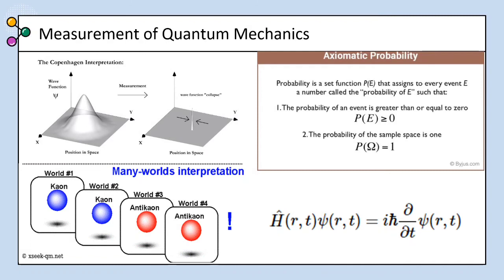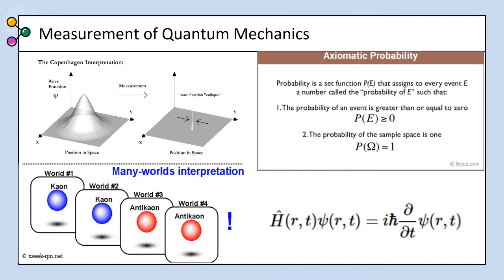It distinguishes between microscopic quantum systems and macroscopic measuring instruments. On the other hand, the Schrödinger equation is known to apply only to relatively simple systems.